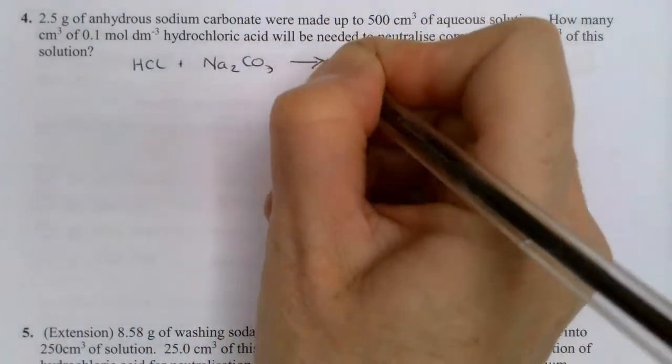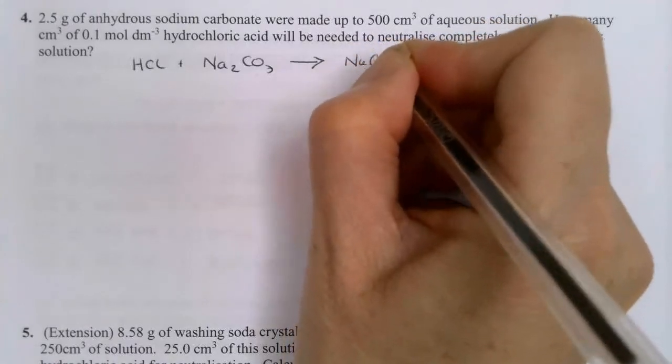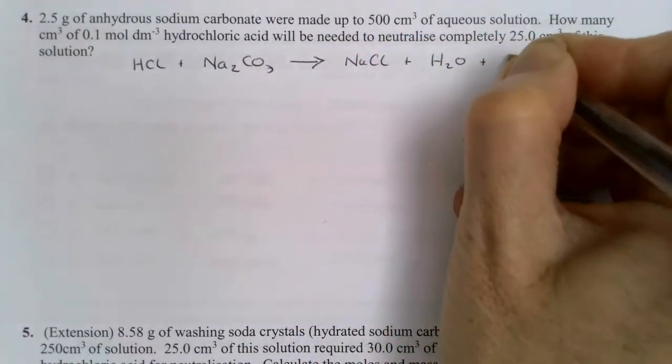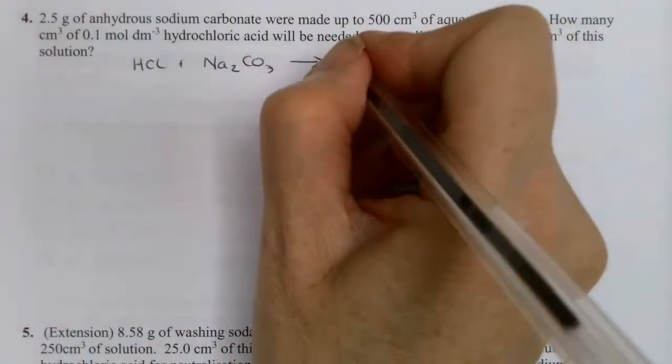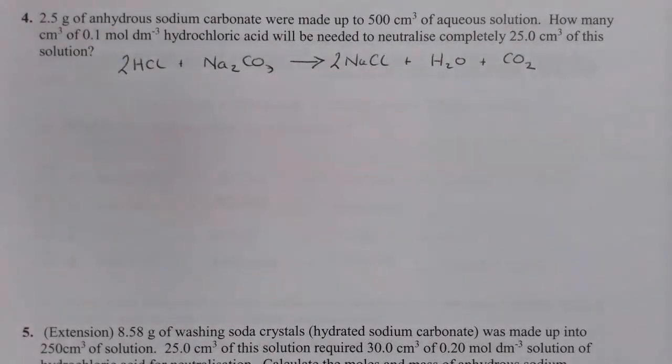And again, it's an acid carbonate reaction, so it's going to go to sodium chloride, water, and carbon dioxide. Again, I need to balance it up, so I've got 2 in front of my sodium chloride and a 2 in front of my hydrochloric acid.